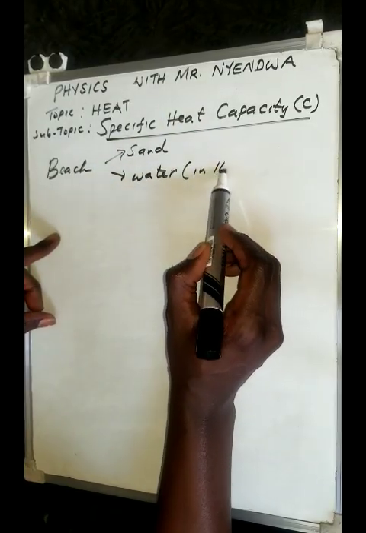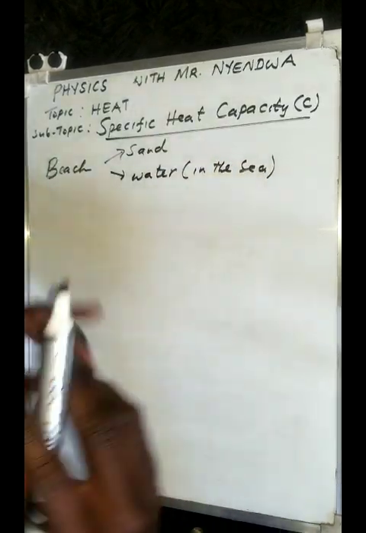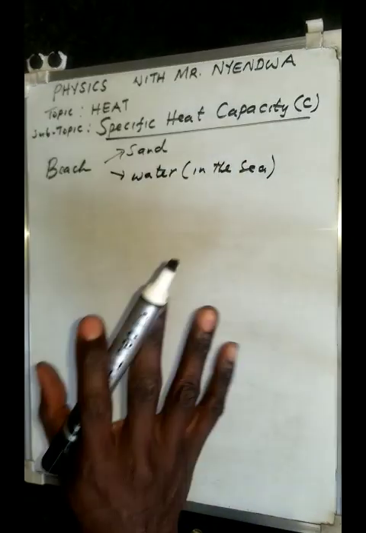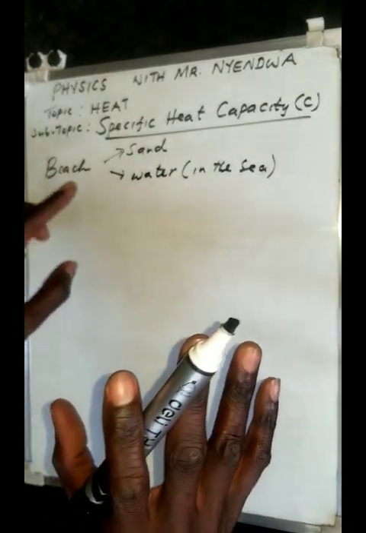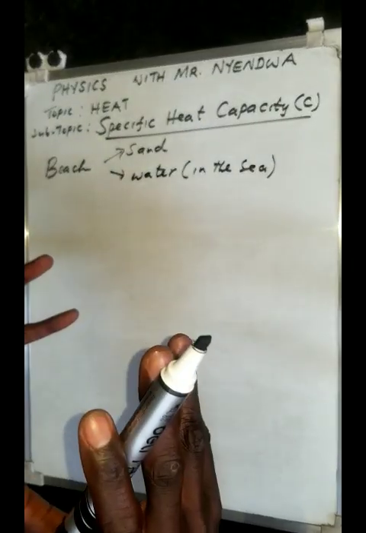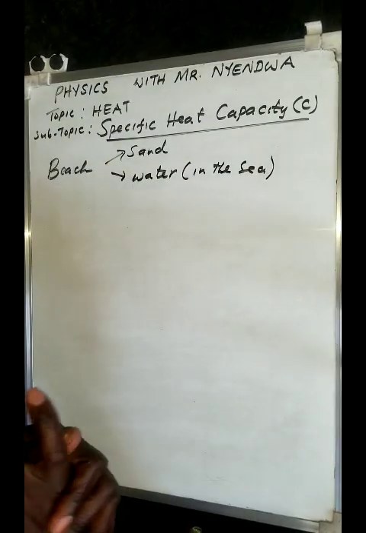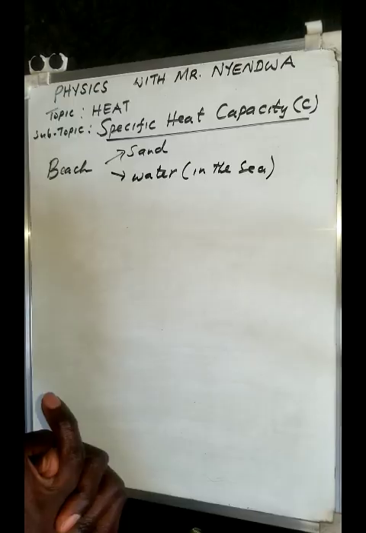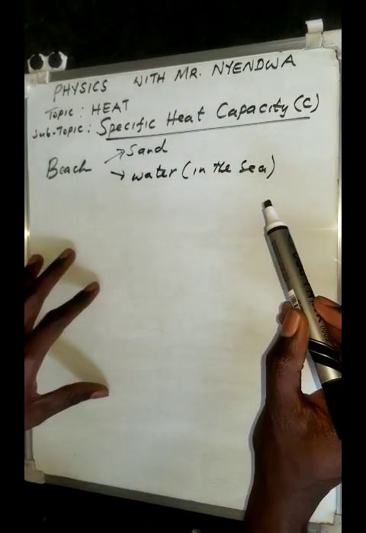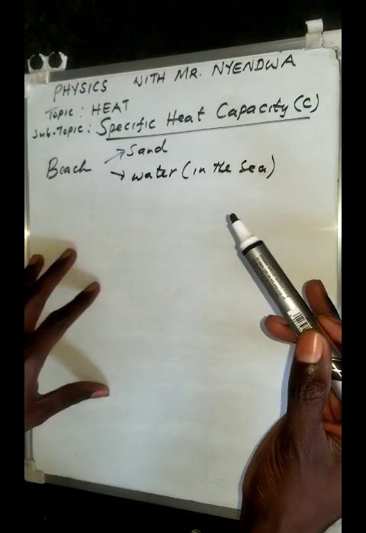Now, of course, when you look at both the sand and the water, if sunlight is there, the sun is simply going to heat up the sand and the water at the same time.